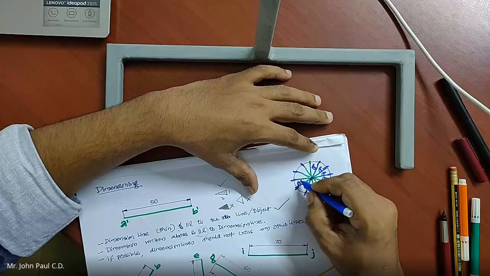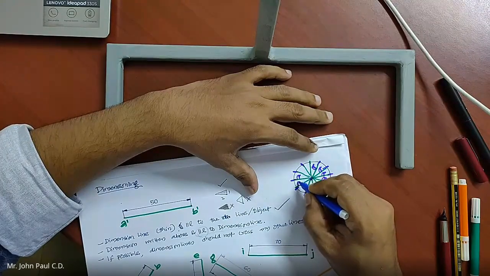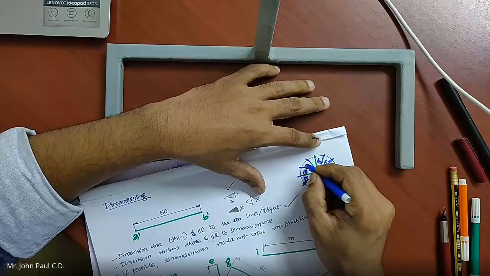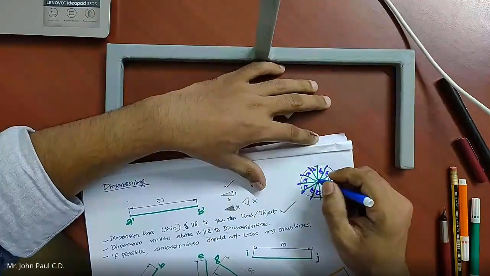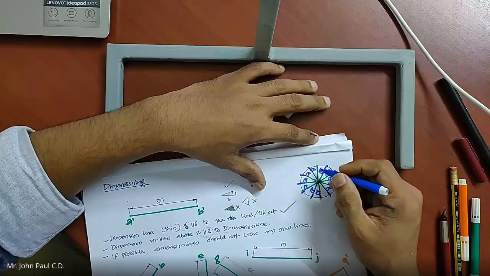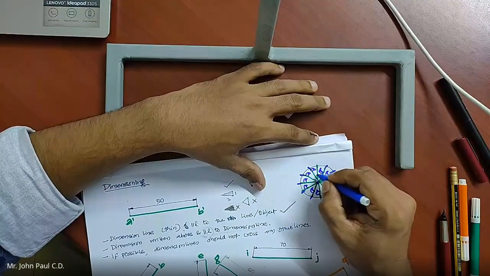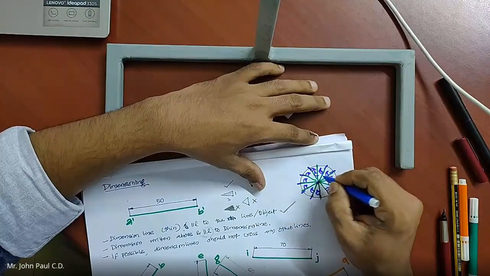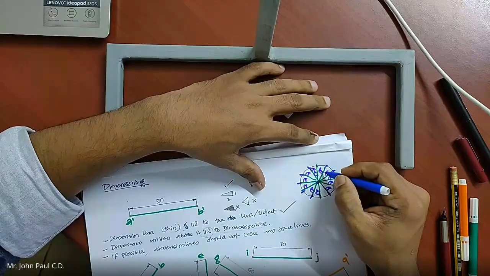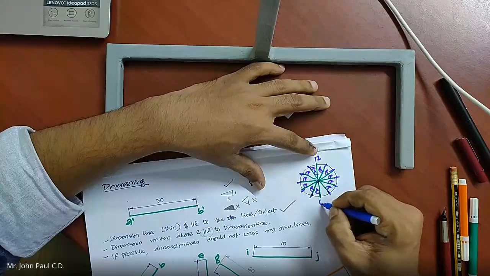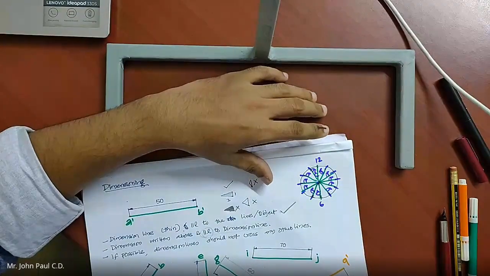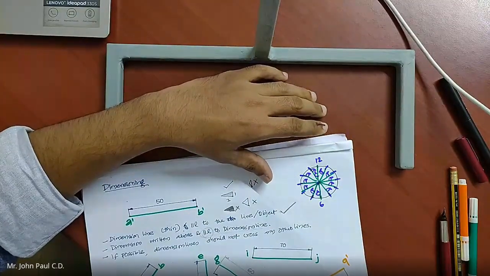At 8 o'clock, it is still on the needle. 9 o'clock, 10 o'clock, 11 o'clock also, it is still on the needle. But at 12 o'clock, it will again switch its position, so that at 1 o'clock, it will be above the needle. So at 12 and 6, the bird will be switching its position.